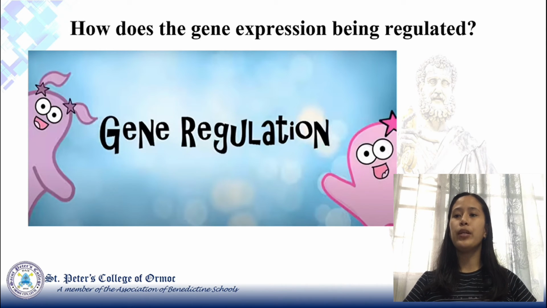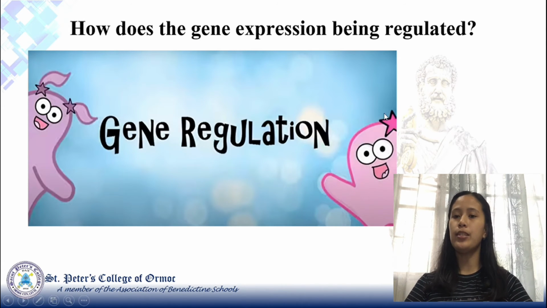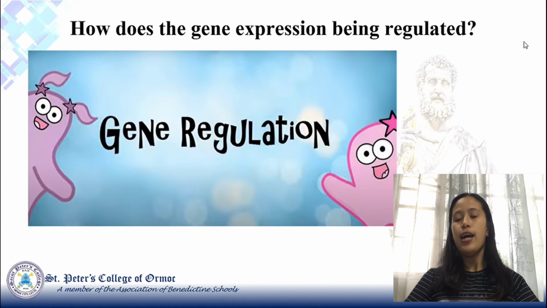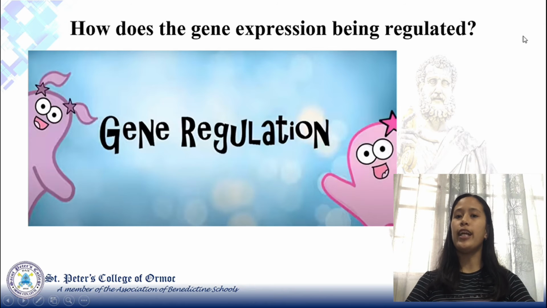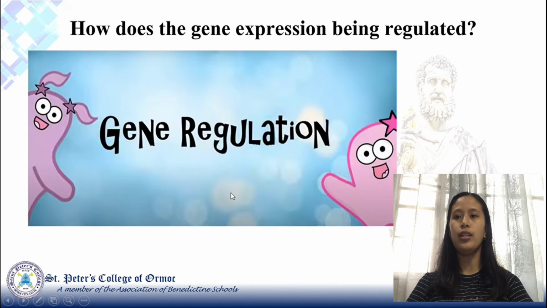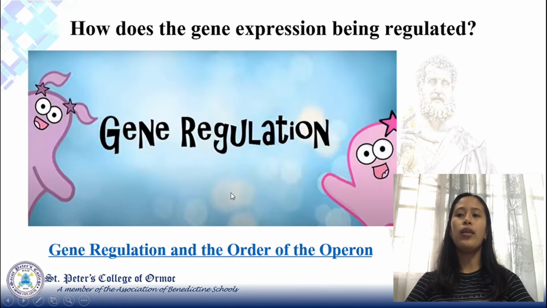The process can be complicated and is carried out by a variety of mechanisms, including regulatory proteins and chemical modifications of DNA. Gene regulation is the key to the ability of an organism to respond to its environmental changes. To fully understand what really happens during the regulation of gene expression, let's take time to watch this video instead.